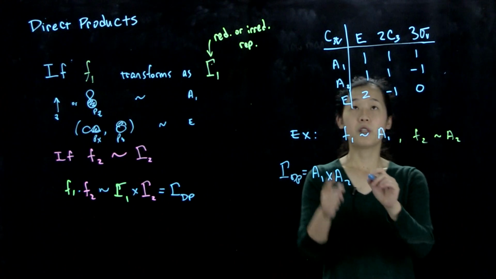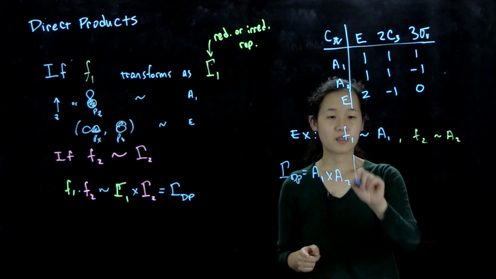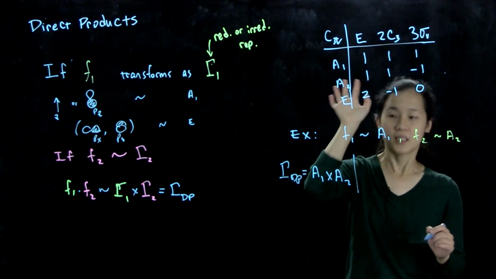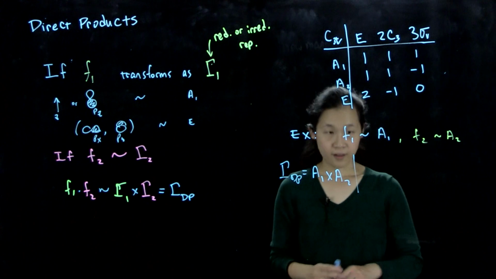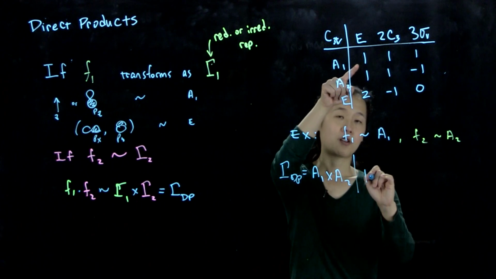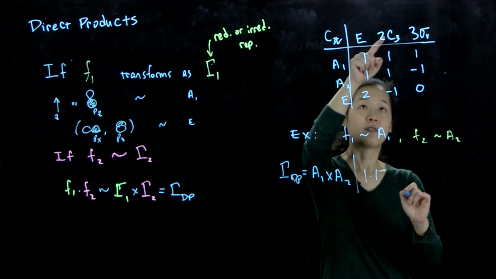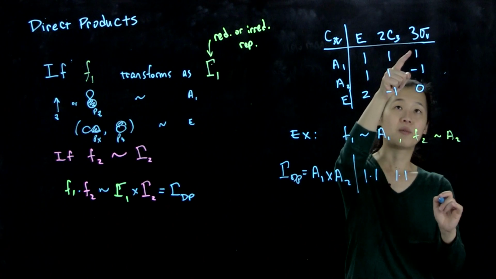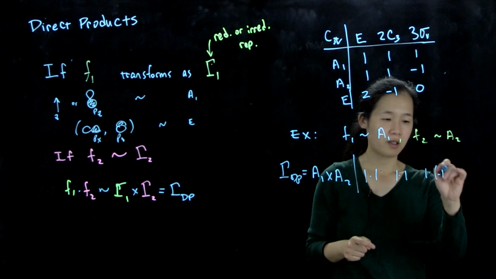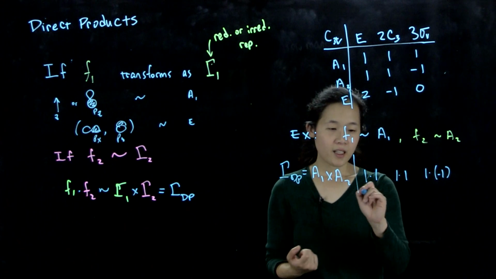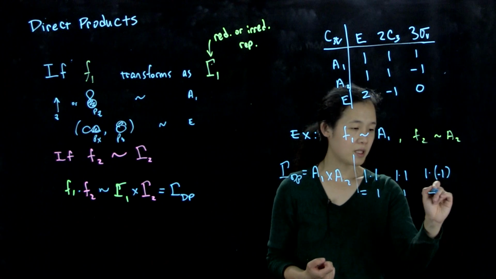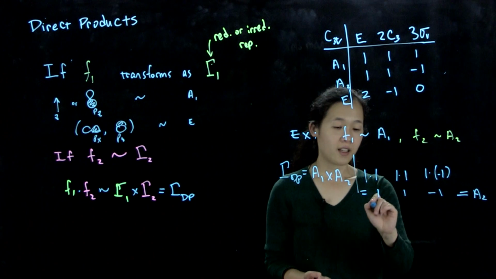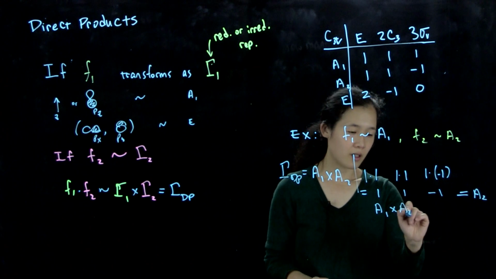And then what we do is we look down our character table, and then we multiply the characters in each column together. So here we have 1 times 1, because the character under a1 and a2 is 1. And then for the middle column, it's again 1 times 1. And then this last column is 1 times minus 1. So we're saying gamma dp is going to be equal to 1, 1, minus 1. So this equals a2. So we're saying that a1 times a2 equals a2.